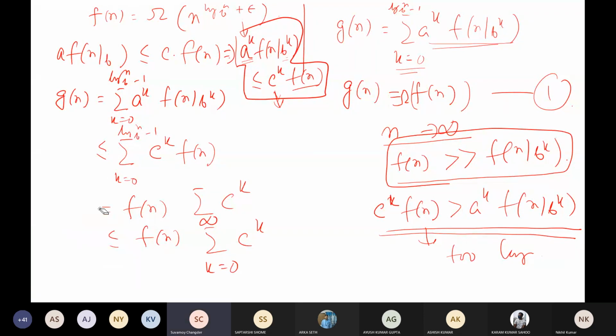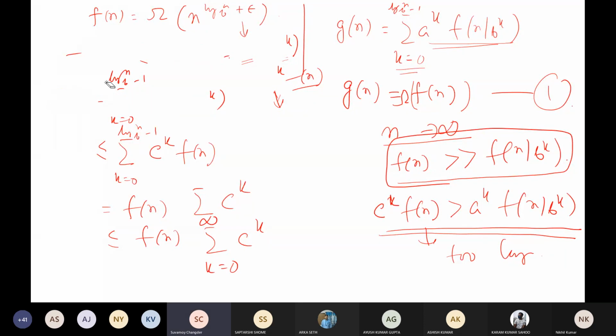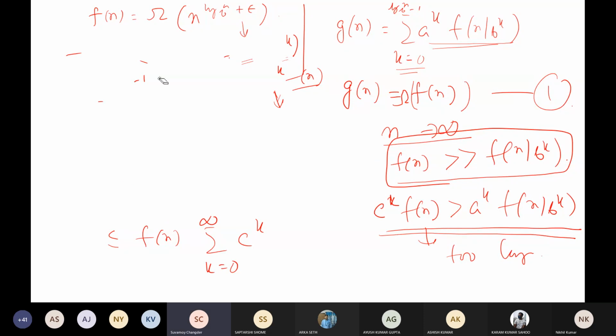The sum for k equals 0 to infinity of c to the power k times f of n is f of n times 1 by 1 minus c. This is the sum of this series, and c is less than 1.